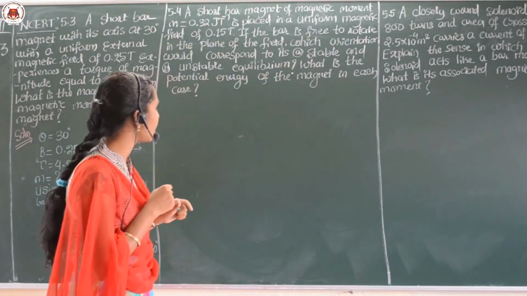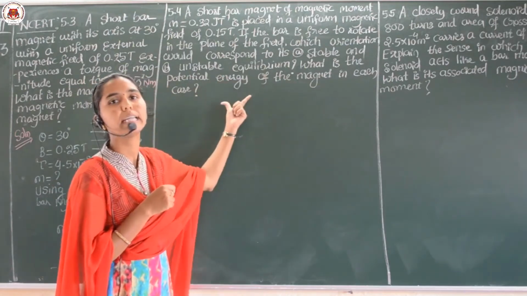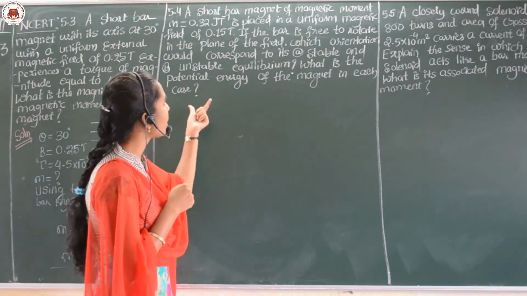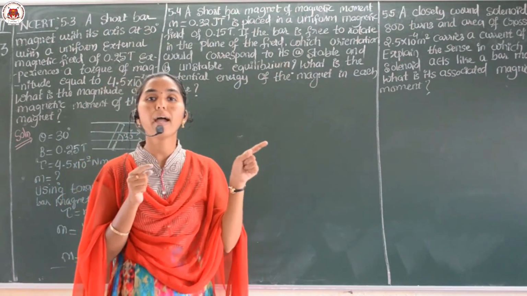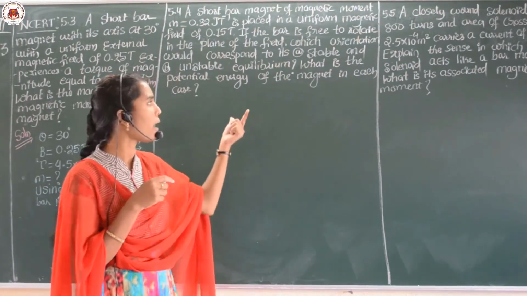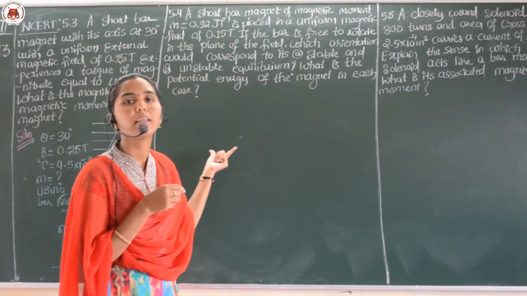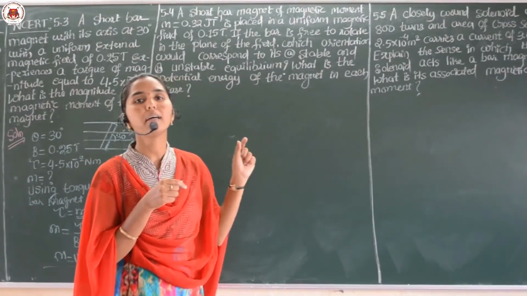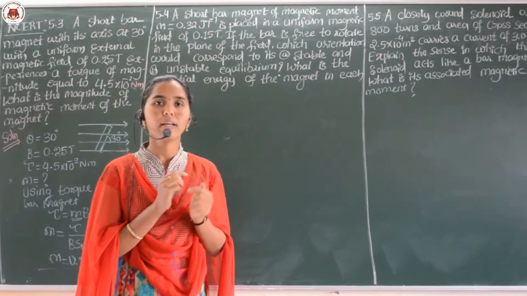Now the question is, what is the potential energy of the magnet in each case? We need to calculate. See, when the bar is stable, the magnetic moment m and the magnetic field B are both parallel to each other.